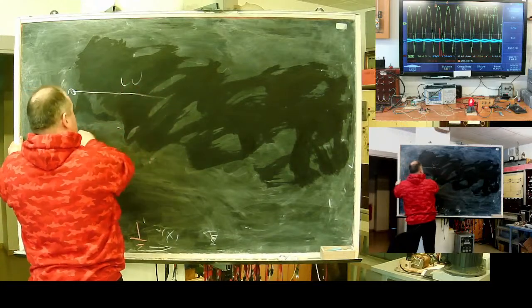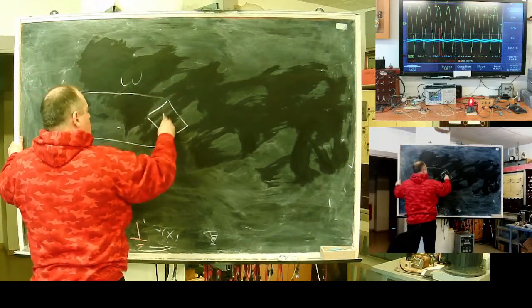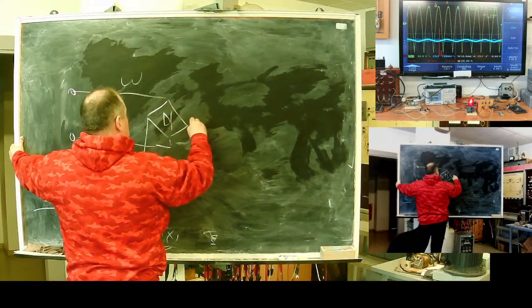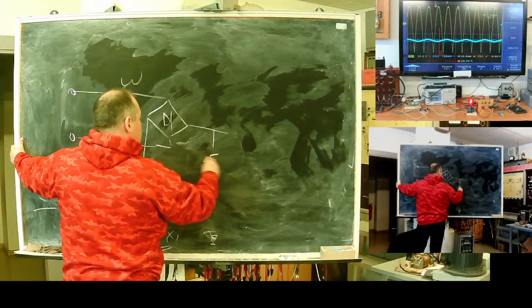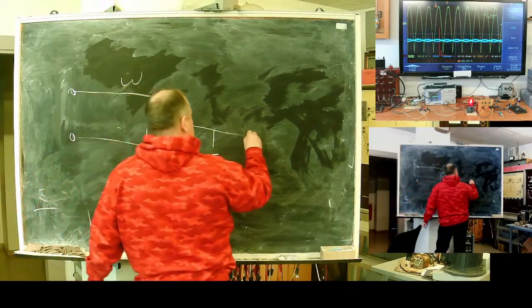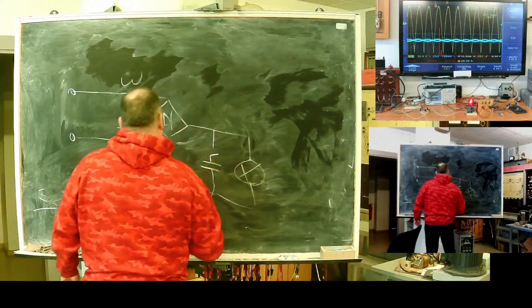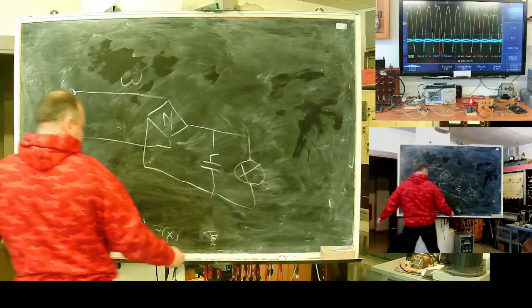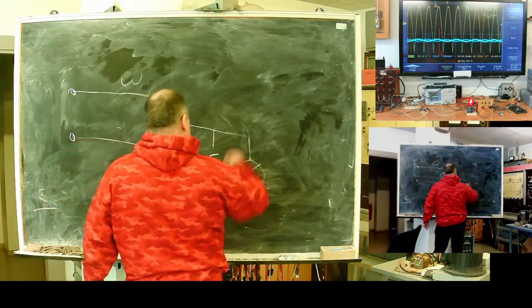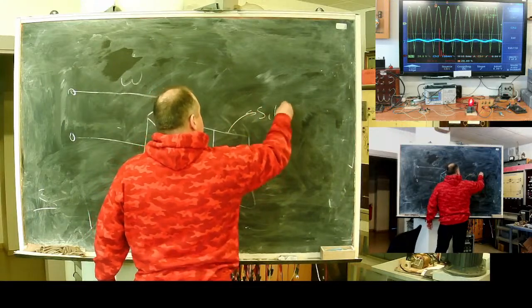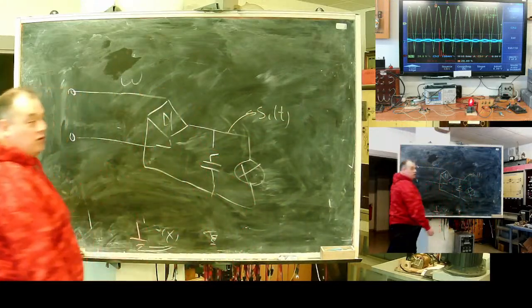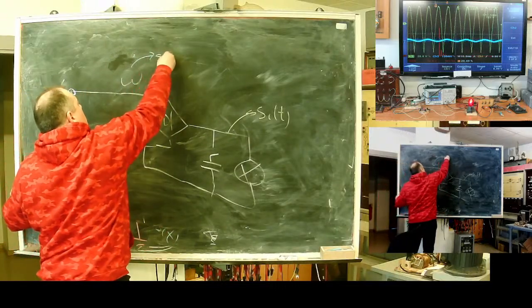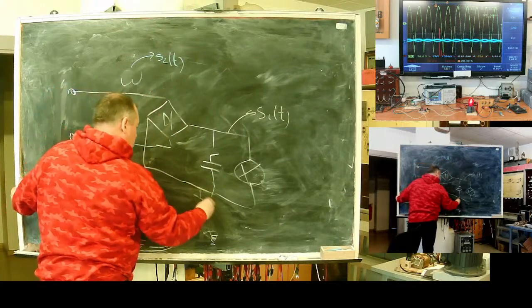I have a current sensor, a switchable filter condenser, and a simple load. The yellow signal is this one. It's the output voltage. And the blue one, this one, ground is here.